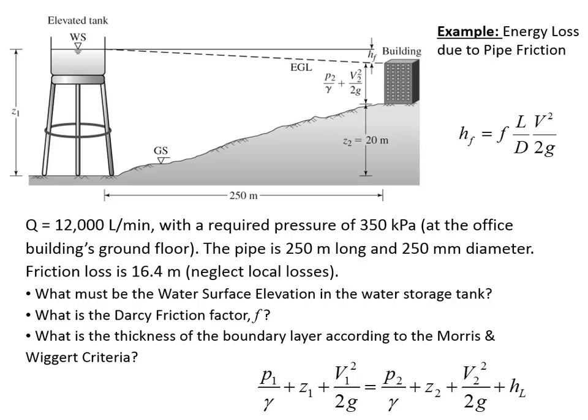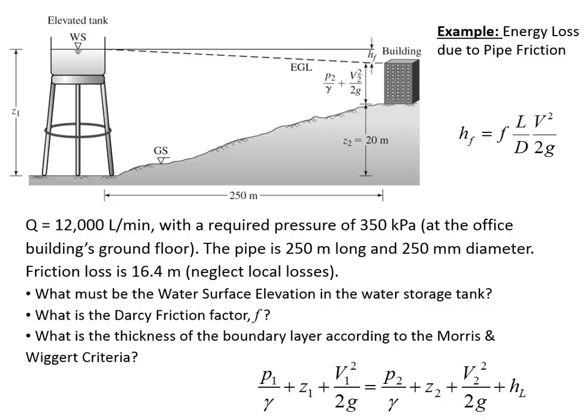And then finally, we'll flip back to the slides before and take a look at a boundary layer thickness calculation. We'll find out what, according to the Morrison-Wigger criteria, is the thickness of the boundary layer. So I'd like you to work together with a partner on this example, find how high is the water tank and what is the f value, and then together we'll do the third part of this example.